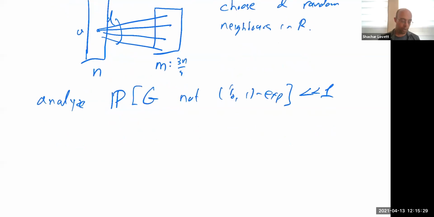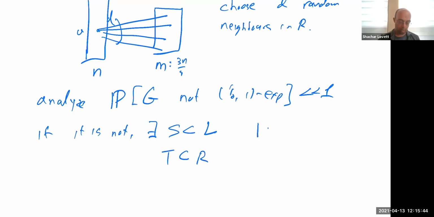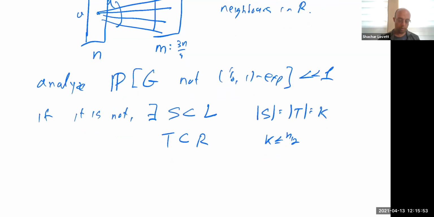If it is not, then there exists a set S on the left and a set T on the right, whose size is some parameter k being at most n over 2, where all the neighbors of S lie in T.